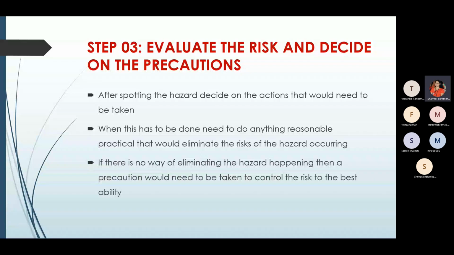Then we need to evaluate how we can minimize the chemical hazard, and what precautions we can take to minimize the harm from that hazardous activity. We need to do anything reasonably practical that would eliminate the risk of the hazard occurring. If there is no way of eliminating the hazard, then precautions need to be taken to control the risk to the best of our ability.